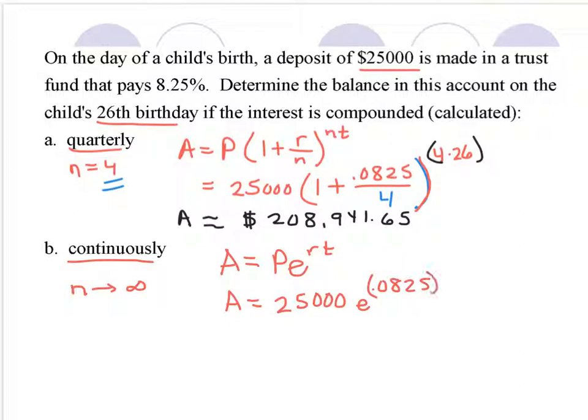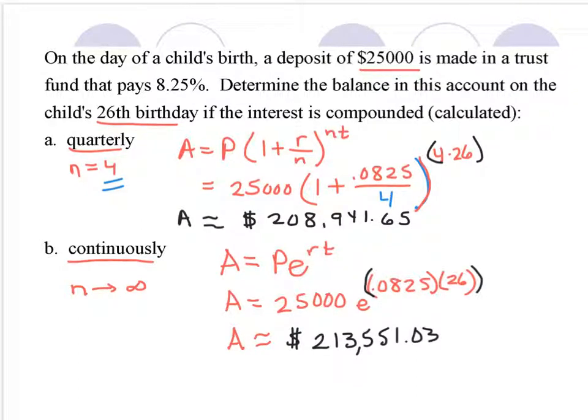Now this is where you need to be especially careful because that entire product is an exponent. So you're going to want to take special care to make sure you enter that in correctly. Take a moment now, using your e to the x button, see what your calculator yields.